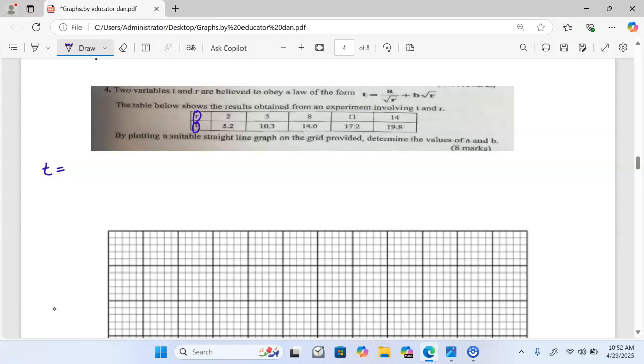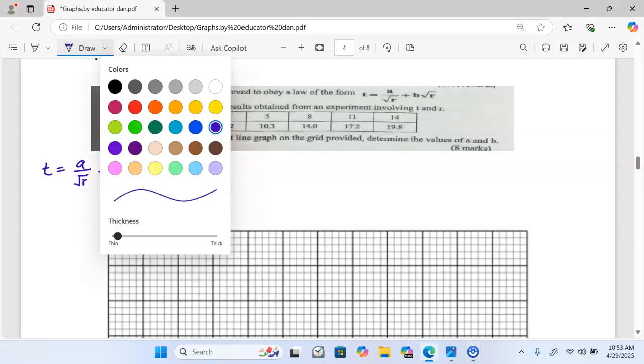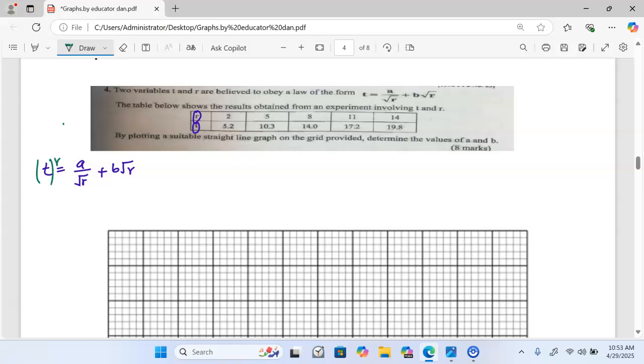That is T is equal to A over the root of R plus B root R. We are going to multiply across by root R, such that root R and root R will cancel, and we are going to have T root R being equal to A plus B root R times root R, which will give us R.